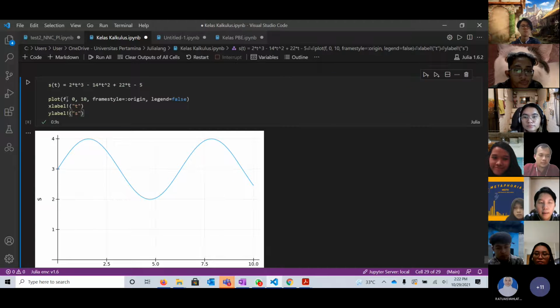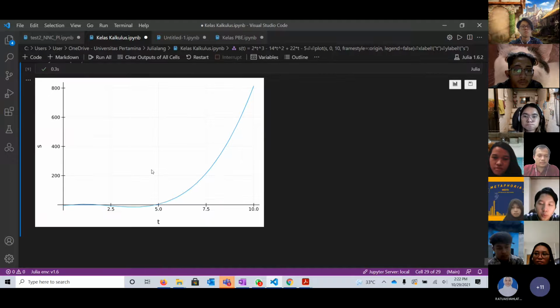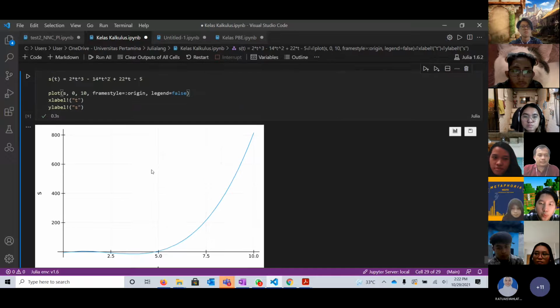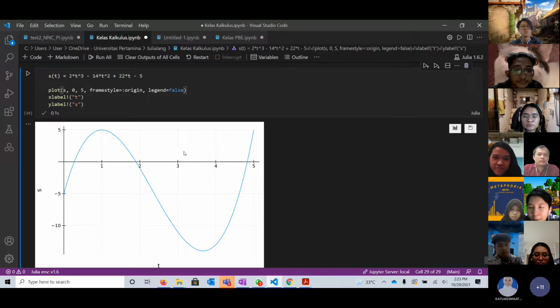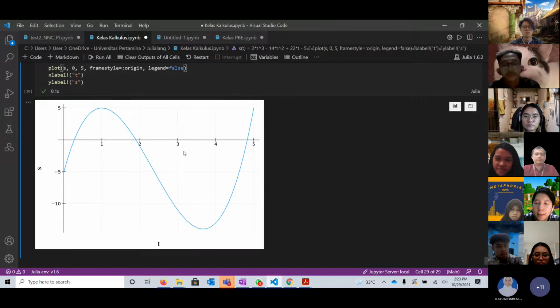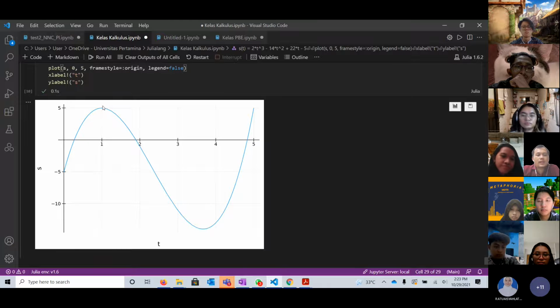No, not F, S. It's too big, so let's plot it up to 5. You see the position: first it goes up, so it goes to the right, and then down, going to the left, and then up again.